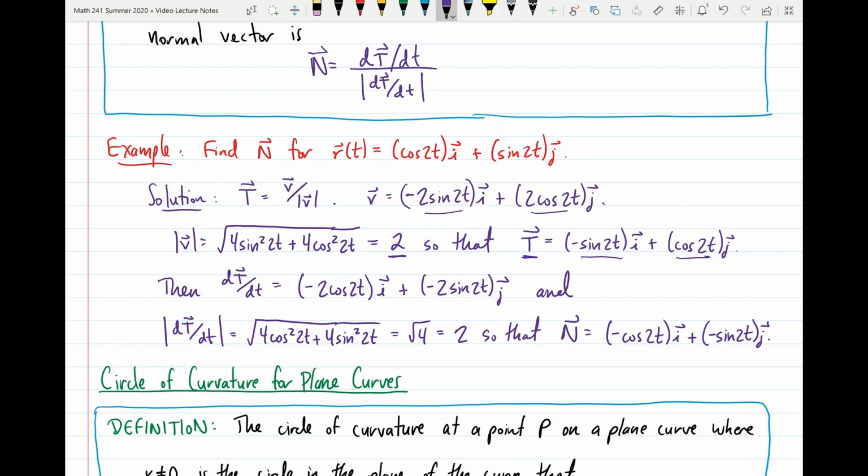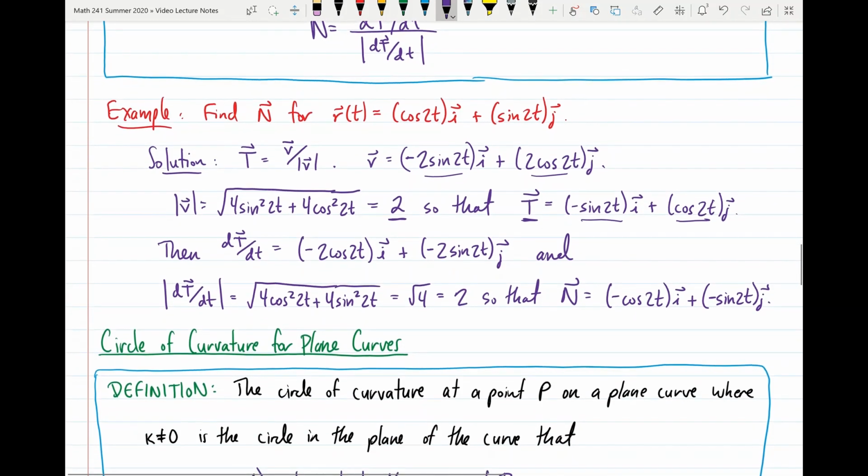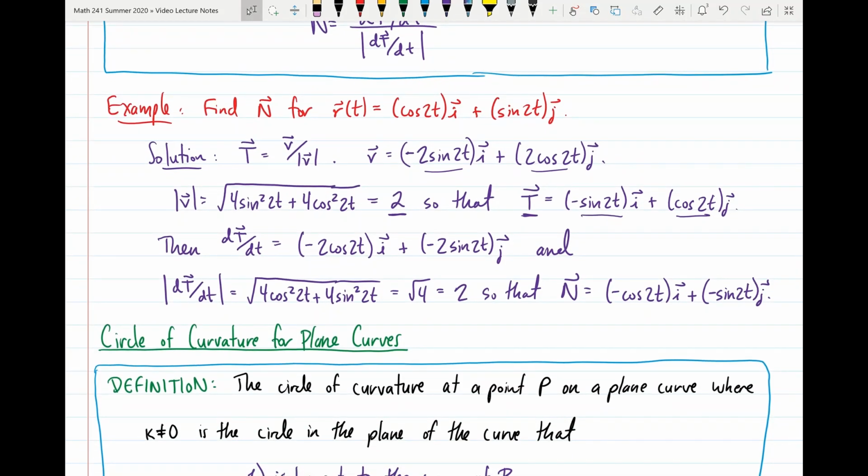And now we can take the derivative of our unit tangent vector with respect to t, and we find that that's going to be equal to negative 2 times cosine of 2t i plus negative 2 times sine of 2t j.